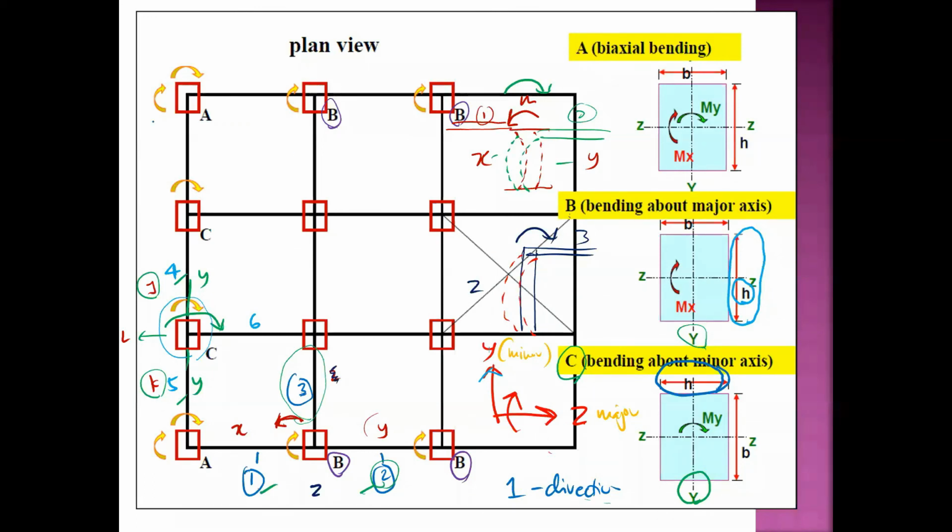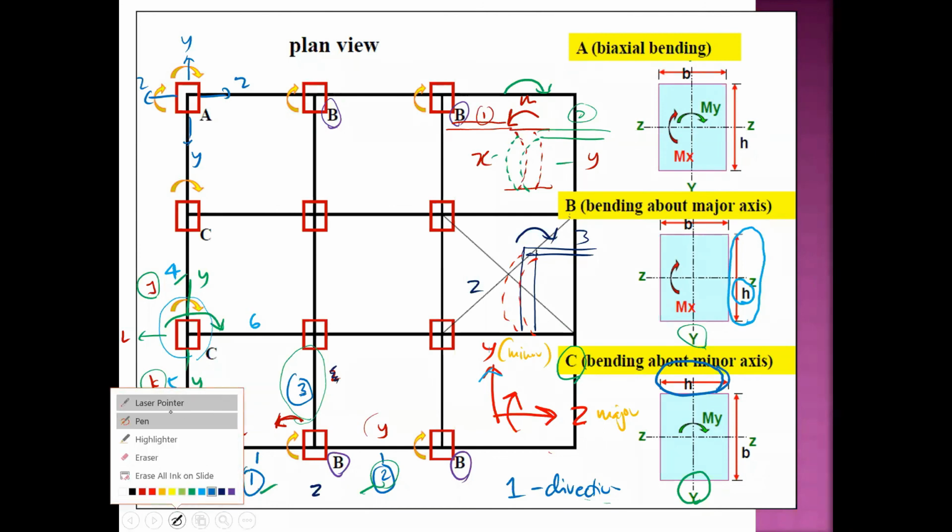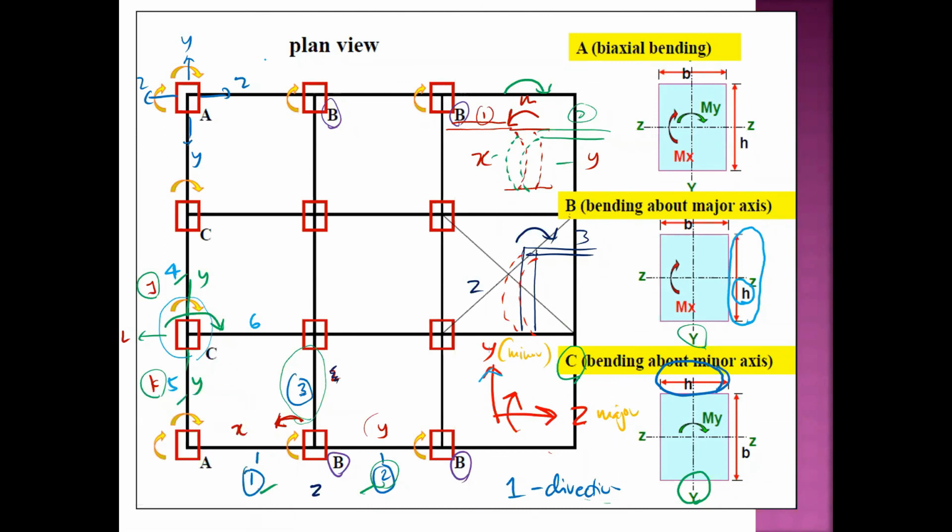However, biaxial bending is for here, the column at the corner. A column at the corner will experience biaxial bending, because it will bend about YY, which is the minor, and also about the ZZ direction. Let's say this is beam number 7, and this is beam number 8.